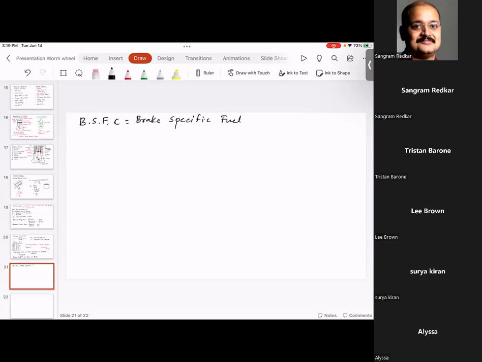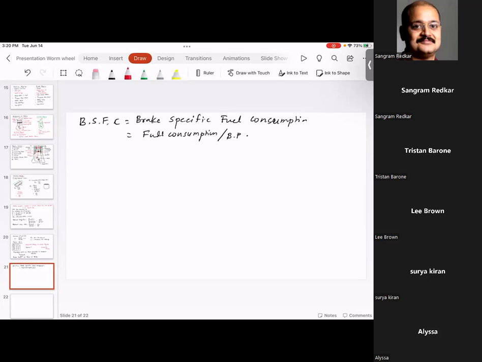Fuel consumption, which is the fuel consumption per unit horsepower.